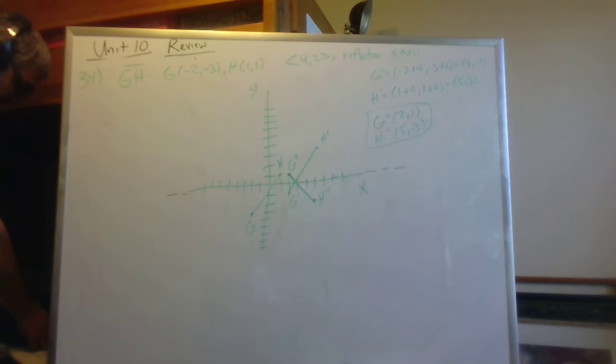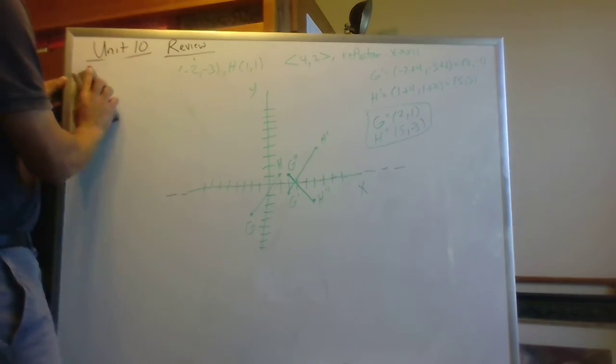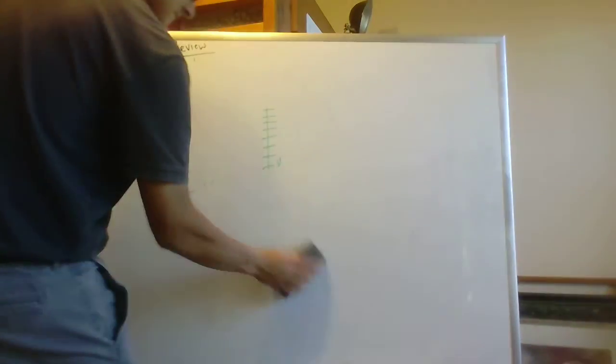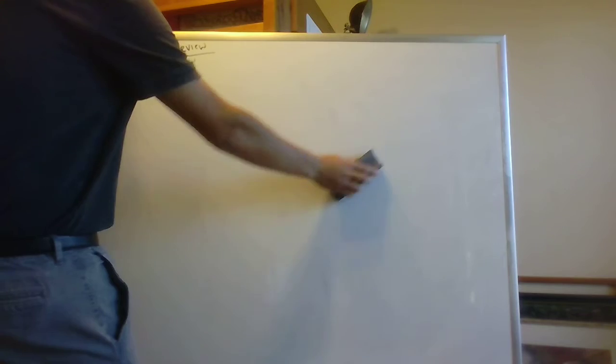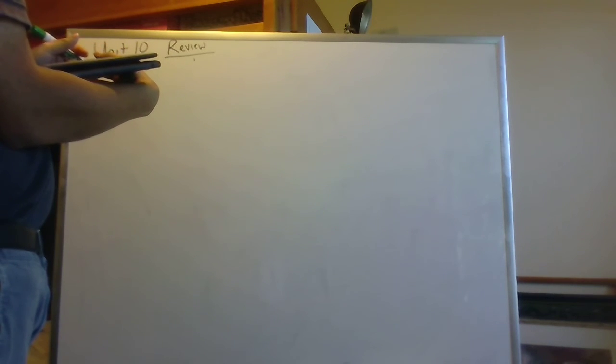So let's look at number 37. Let me erase this. So problem 37 says state whether each figure appears to have line symmetry.